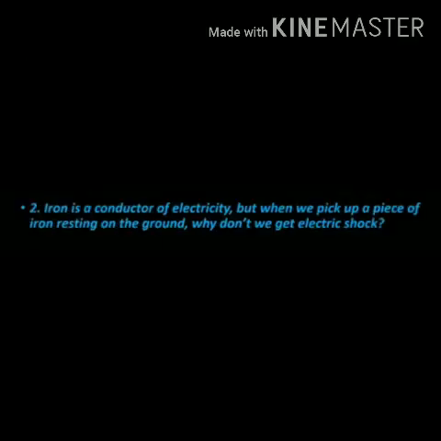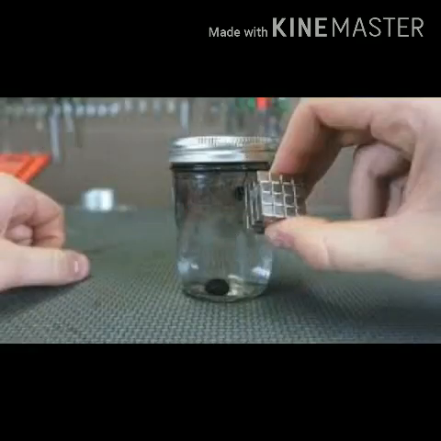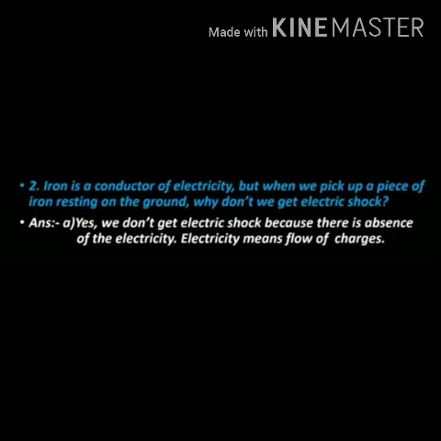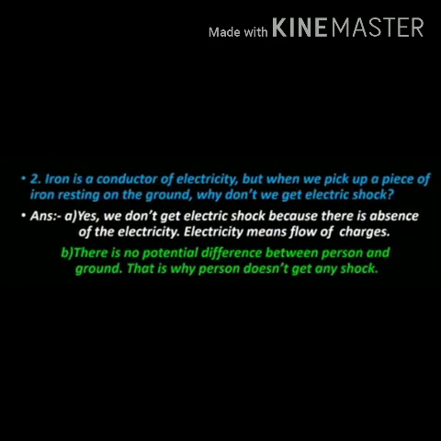Next question, iron is a conductor of electricity. But when we pick a piece of iron resting on the ground, why don't we get an electric shock? When we pick a piece of iron resting on the ground, we don't get an electric shock because there is an absence of electricity. Here electricity means flow of charges. You can also say that there is no potential difference between the person and the ground.